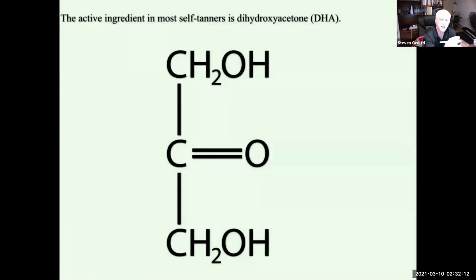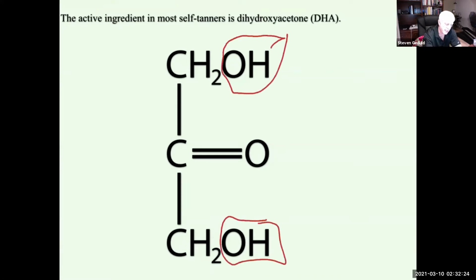The active ingredient in most self-tanners is dihydroxyacetone, DHA. Acetone has three carbons. Here's two OH groups and a carbonyl group. So it's an ONE ending, which means it is a ketone.